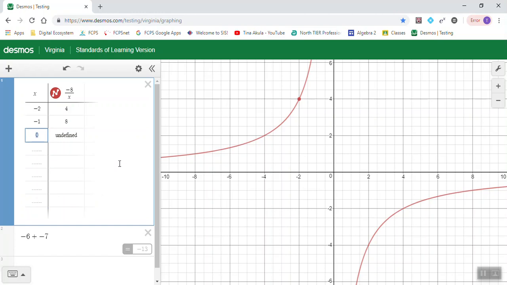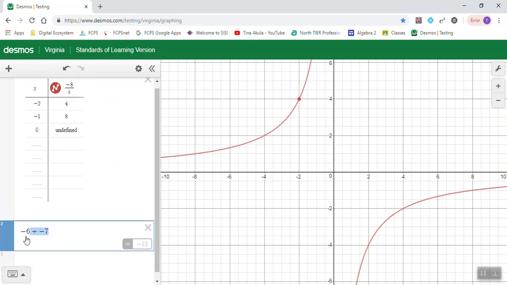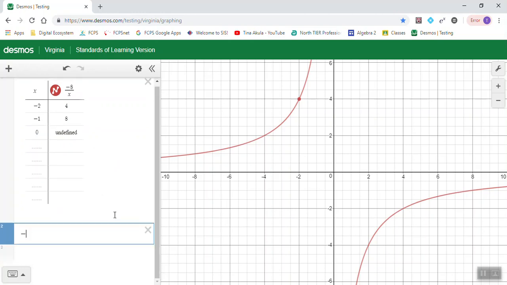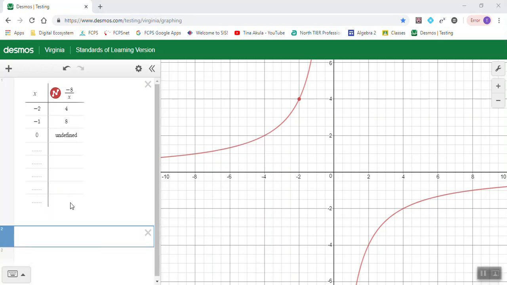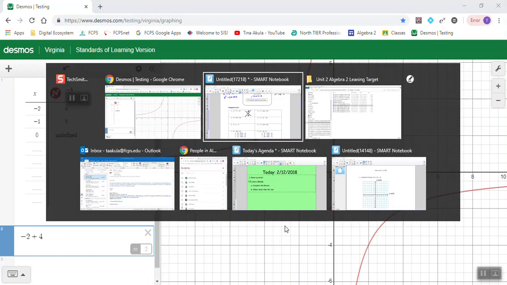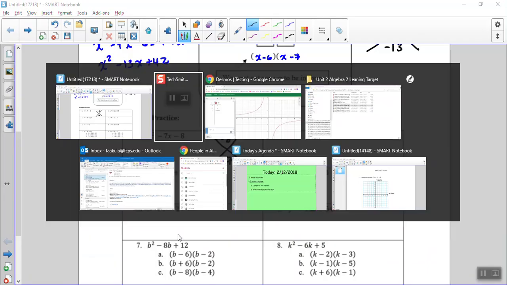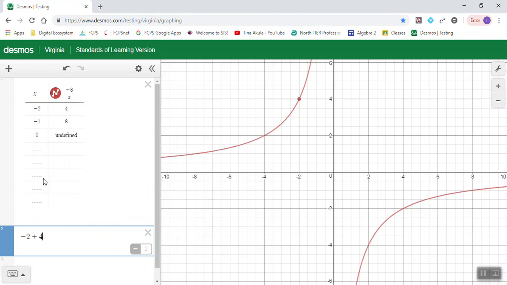Okay, so I see that I have negative 2 and 4, and negative 2 plus 4 is positive 2. That's not what I want. I'm trying to get negative 7.